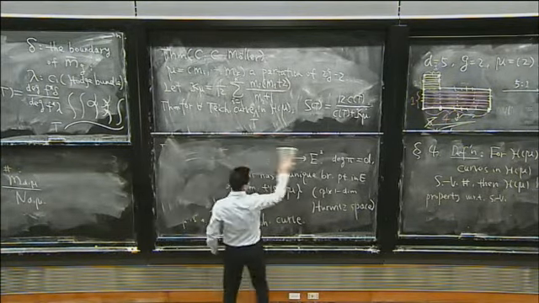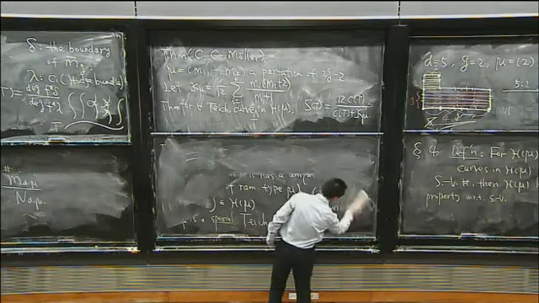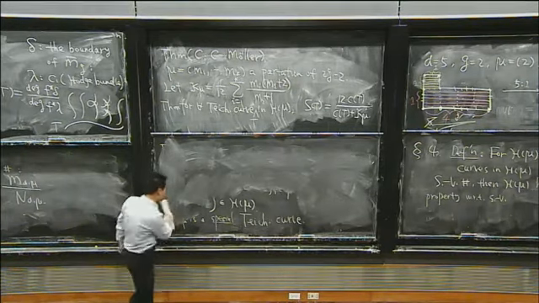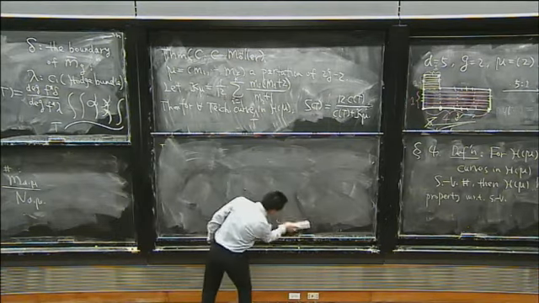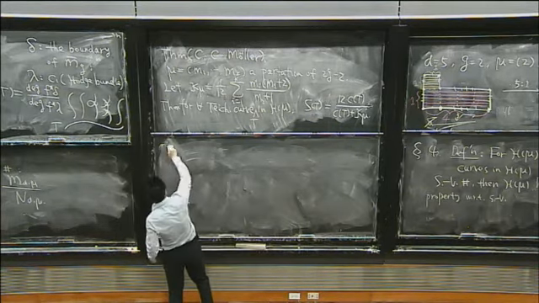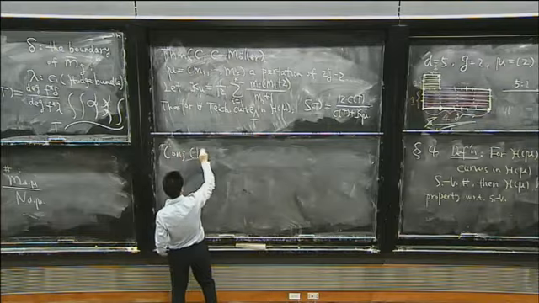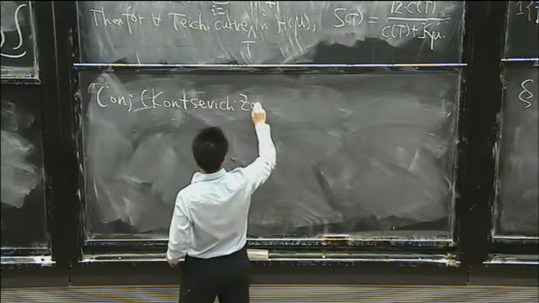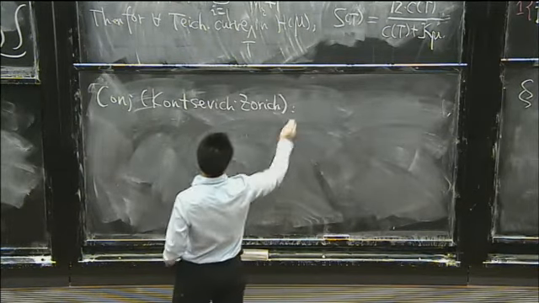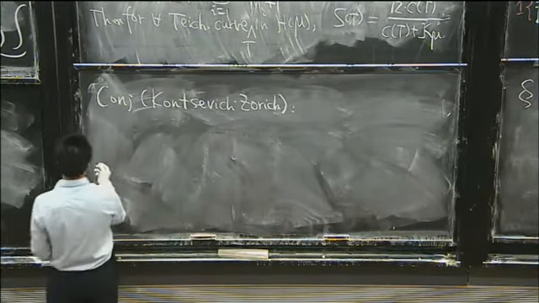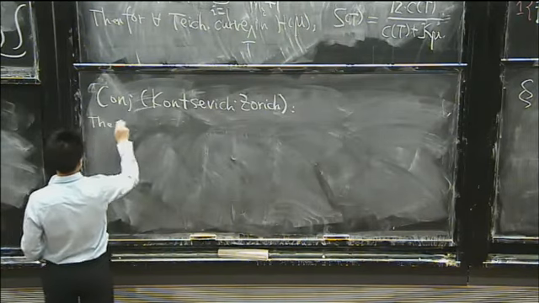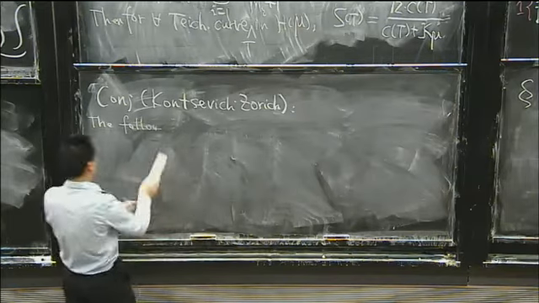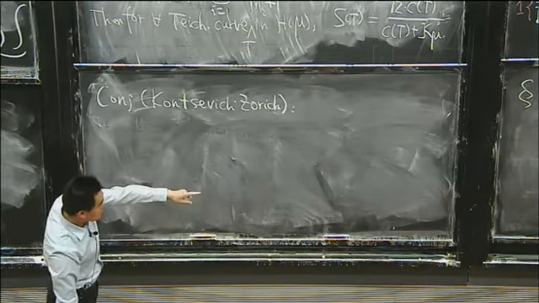I learned this conjecture from Anton Zorich. I personally never hung out with Kontsevich, never met him, but I do know Anton. So let's just attribute it to Kontsevich and Zorich. Roughly speaking, it says the following: in low genus, the following strata of abelian differentials have the non-varying behavior.